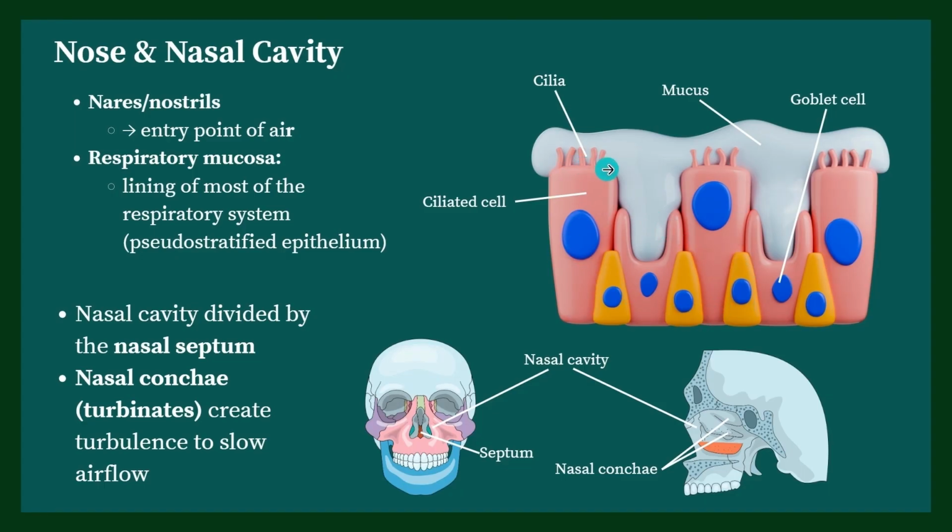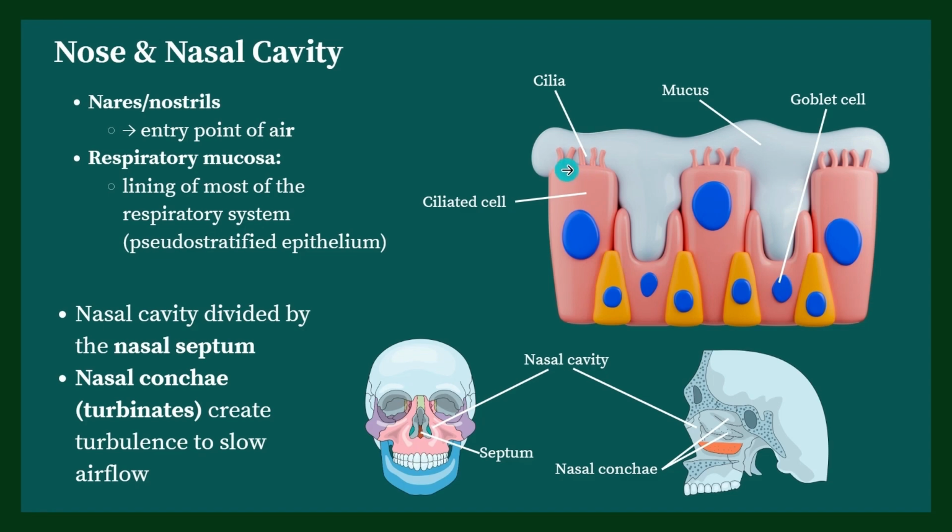The ciliated cells are going to stick up more. Those have the cilia that are constantly moving the mucus down the line, mucus with the debris in it. The mucus creating cells are called goblet cells, because they're shaped like goblets, and so they're going to be creating the mucus. So between the cilia moving everything down the way and the mucus that's catching any kind of debris that's coming into the respiratory mucosa.